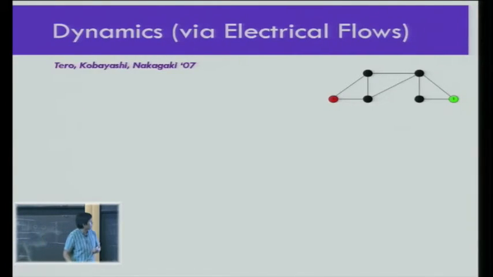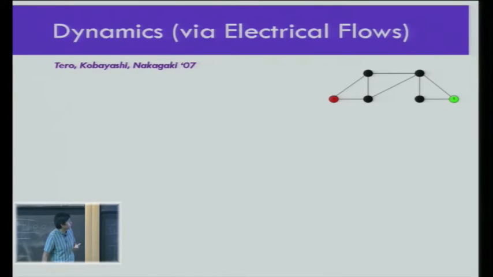Okay, so towards this, a very nice dynamical system was proposed by Tero, Kobayashi and Nakagaki in 2007. As you may imagine, this organism has to do with fluids. What I will explain to you here is its dynamics imagining fluids are like electrical currents. So it's really analogous, but it will be more convenient for us later.